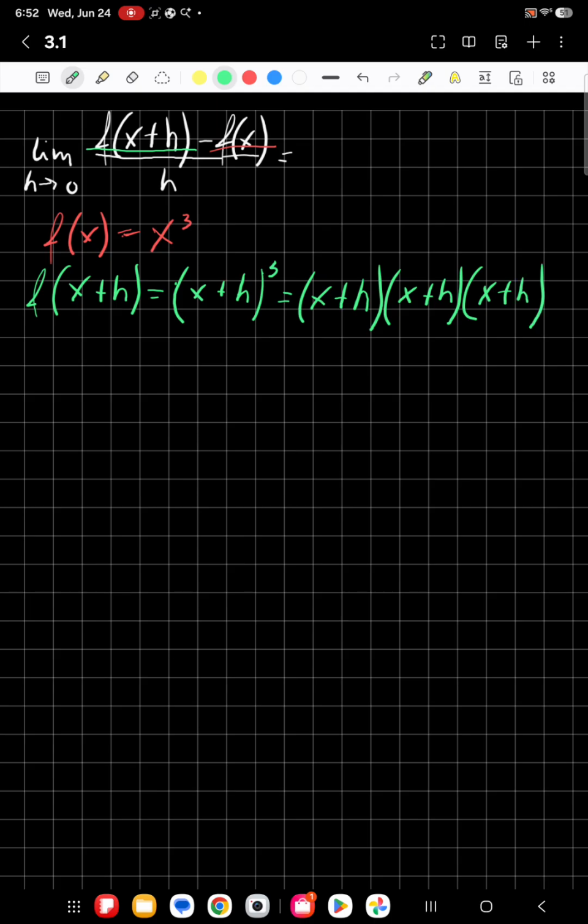Okay, so if I multiply these two, I'm getting x squared plus 2hx plus h squared. Okay, so I still need to multiply it by this one, x plus h.